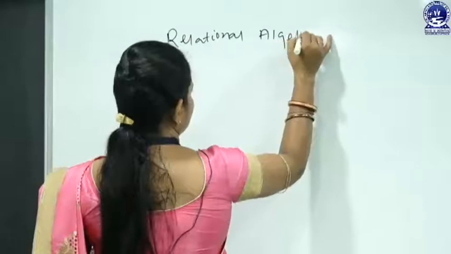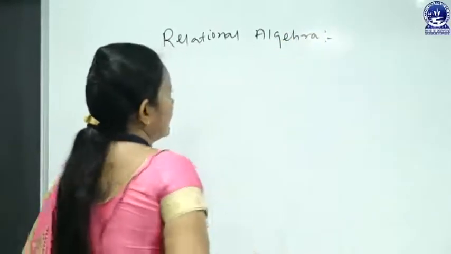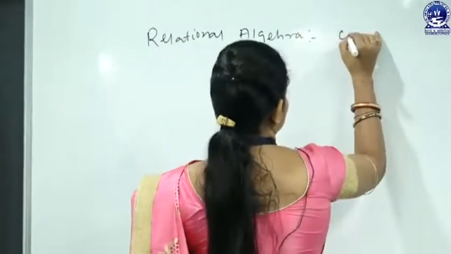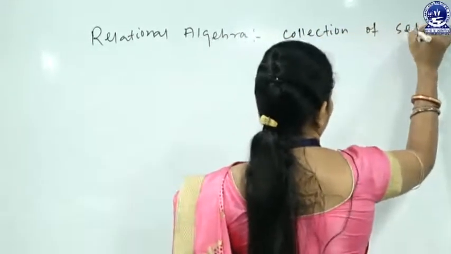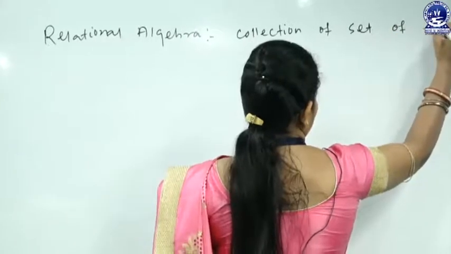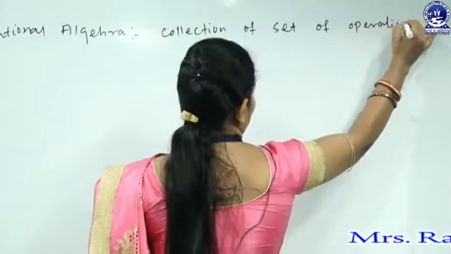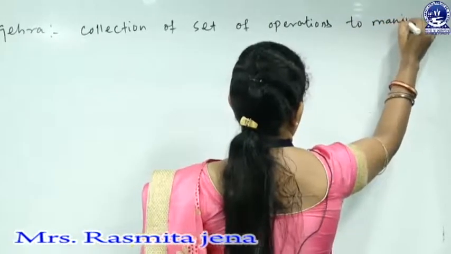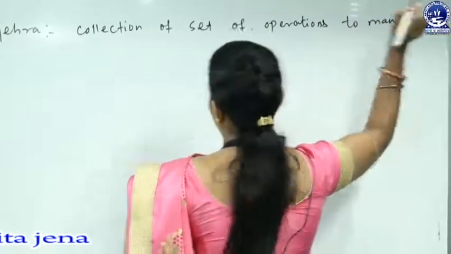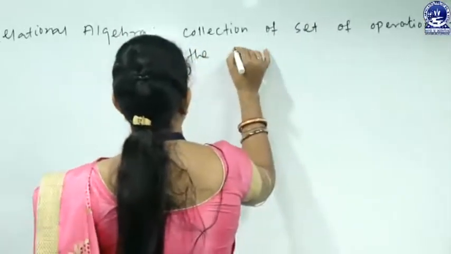So, the definition of relational algebra: relational algebra is the collection or set of operations to manipulate the database.